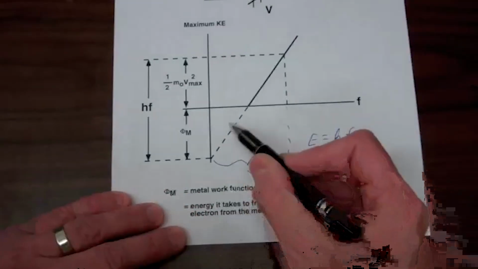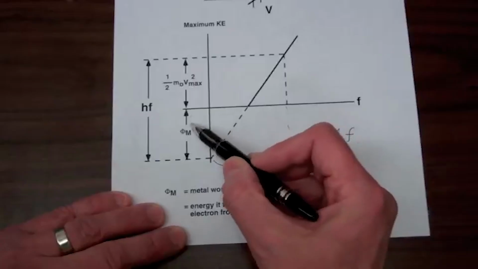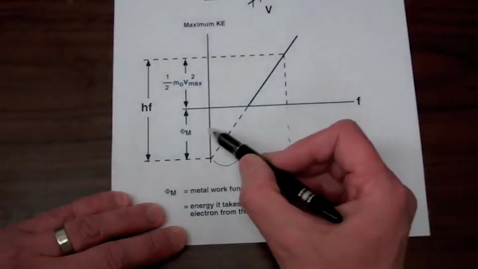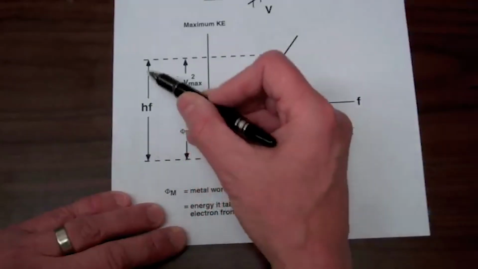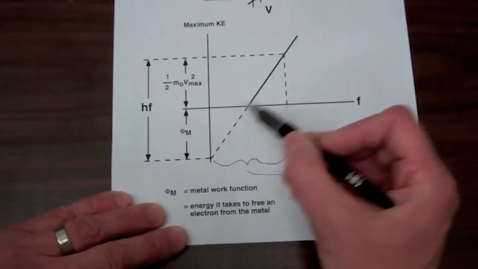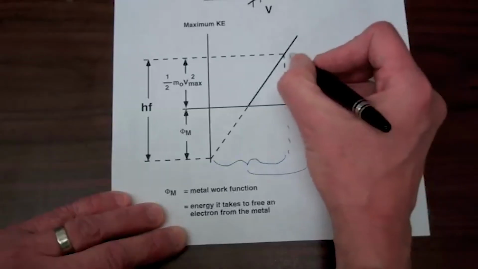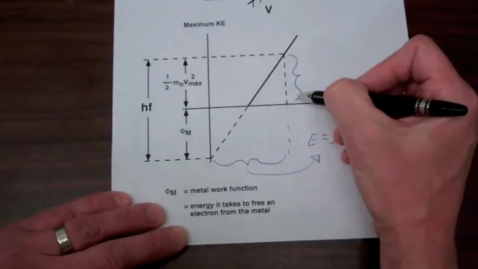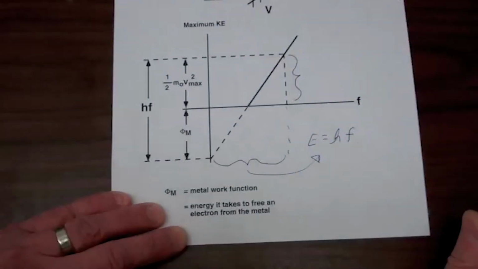So until the size of the quantum was equal to the metal work function, an electron could not be emitted. And when the size of the quantum was greater than the metal work function, the additional energy in the quantum appeared as the kinetic energy of the emitted electron.